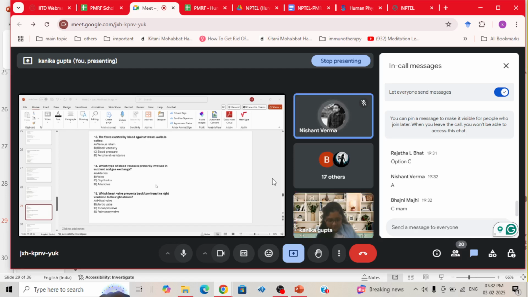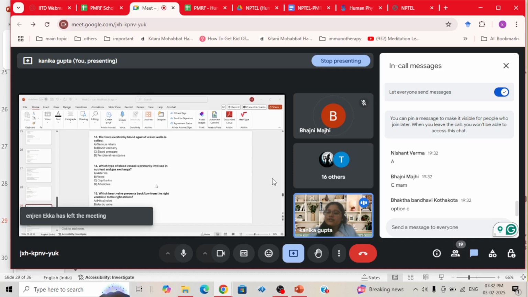Everyone else? So the answer to this question is option C, that is capillaries, because at the end, the capillaries are the ones reaching every organ, every cell in the body. So it is the capillaries through which the gaseous and nutrient exchange is happening. So the answer is capillaries.